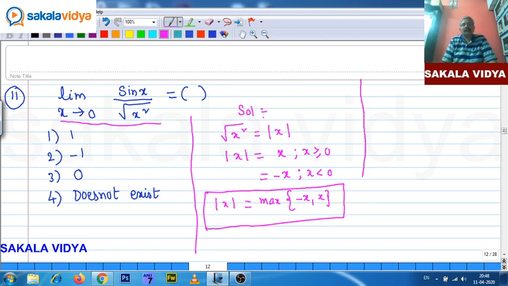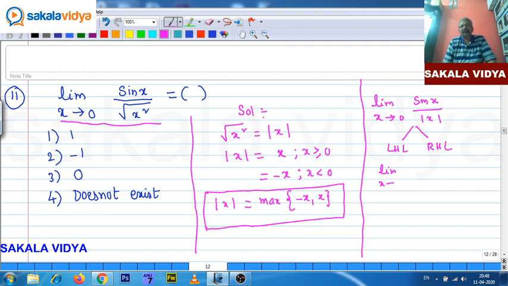So the question becomes limit x tends to 0 sin x by mod x. In this case we need to find the left hand limit and right hand limit, and both will be different. That is why limit x tends to 0 sin x by root of x square does not exist. So the fourth option is the right option.